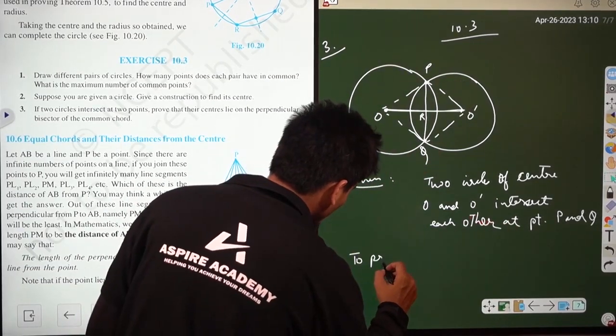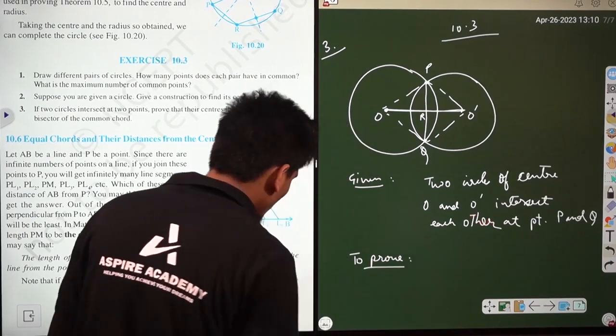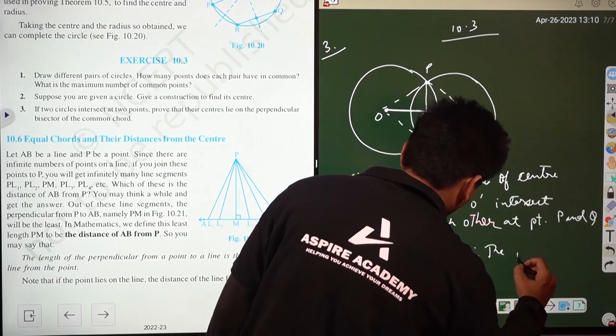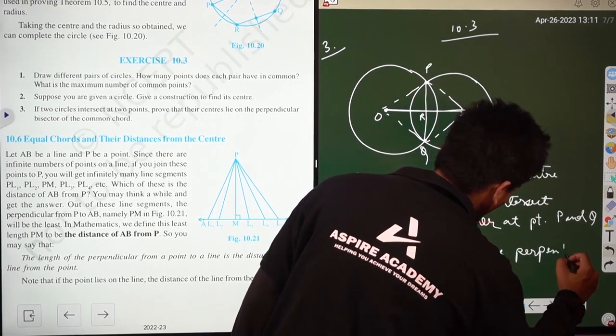To prove, first of all, O dash is the perpendicular bisector.